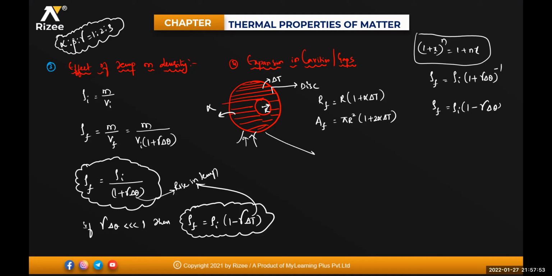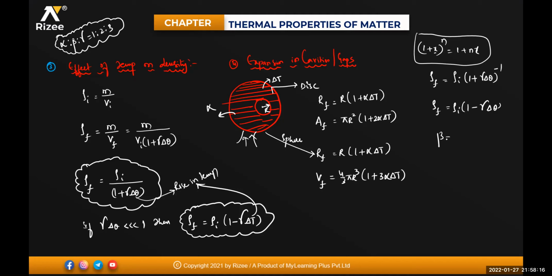Now, if I consider this body as a sphere, then R final no doubt will be equal to R into 1 plus alpha into delta T even for this one. But there will be an increase in the volume. So final volume will be equal to 4 by 3 pi R cube into 1 plus gamma, gamma is equal to 3 times alpha, into delta theta.